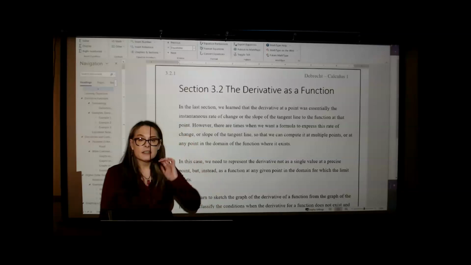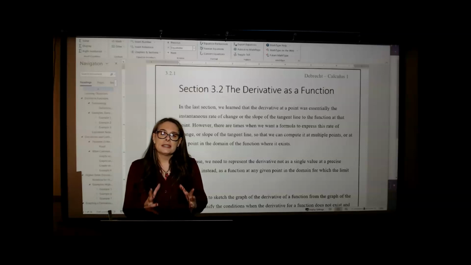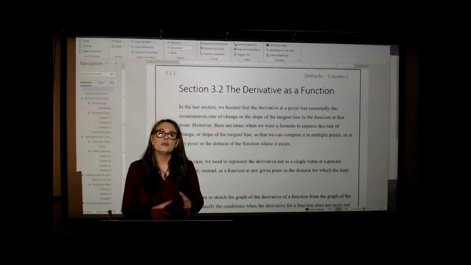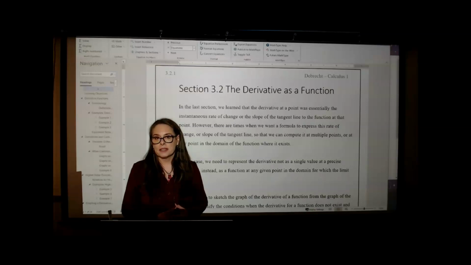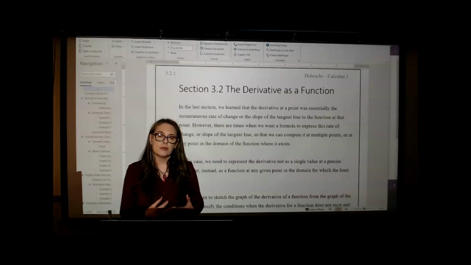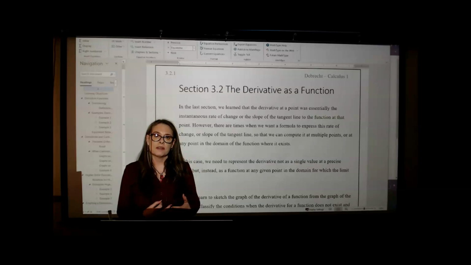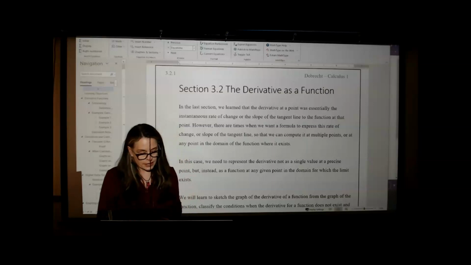Now, in this case, we're going to be using the same three limit definitions, but most of the time we'll use the x plus h definition or x plus delta x definition. That's the best one of the three in order to find the derivative as a function, instead of a single value representing the slope of the tangent line at one point.